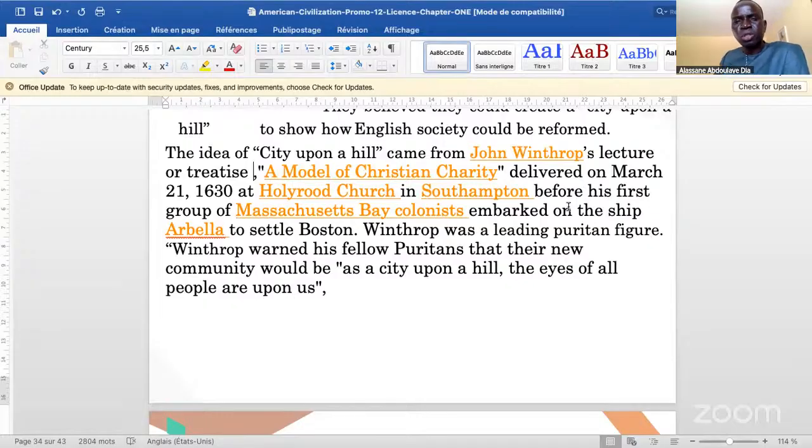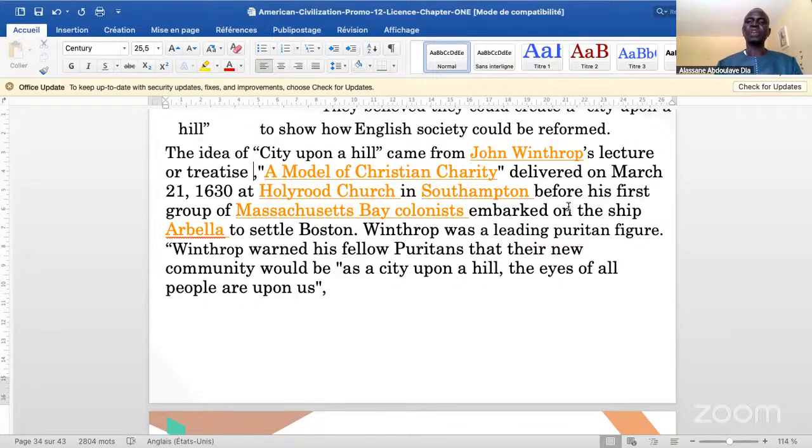You know, Puritans are religious people, and they believed in religion. So before the Arbella ship had to go, John Winthrop gave a lecture, a sermon. Winthrop was a leading Puritan figure. He was just like what you call an imam.